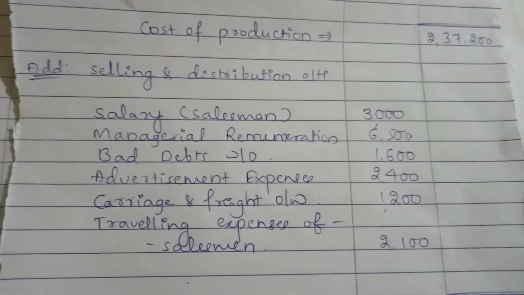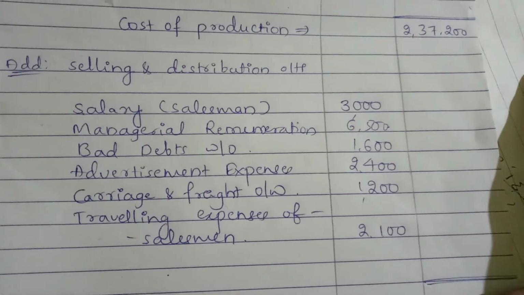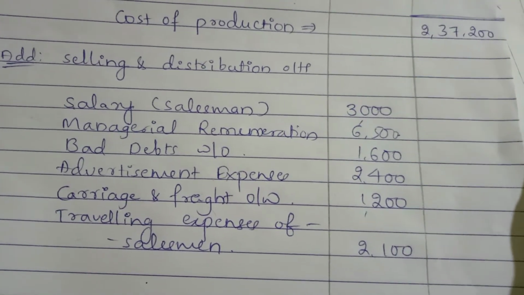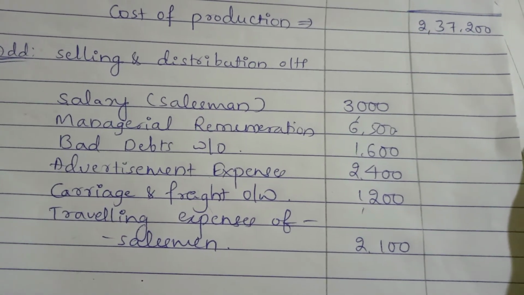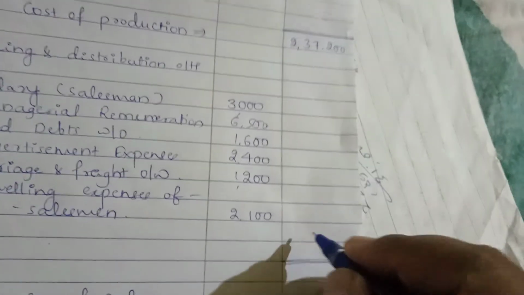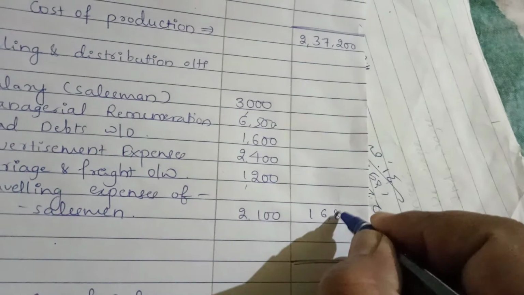Next, go to the inner column total of selling and distribution overhead: 3,000, 6,500, 1,600, 2,400, 1,200 and 2,100. It gives us 16,800. This 16,800 should be added to the 2,37,200.